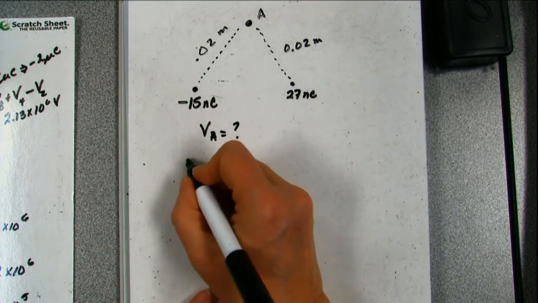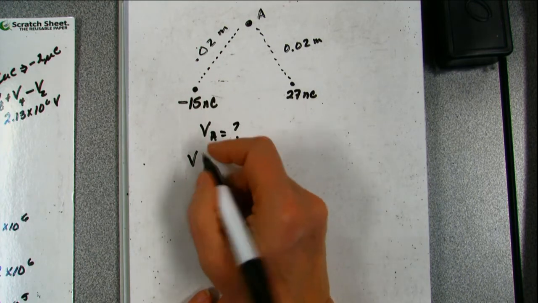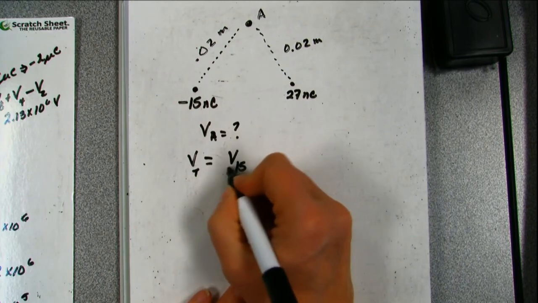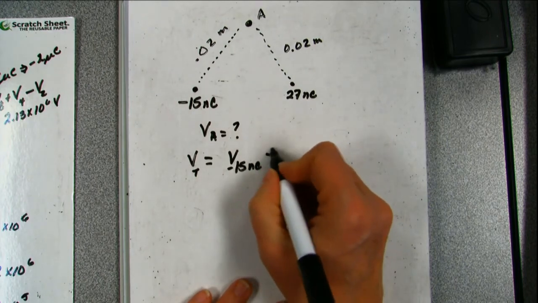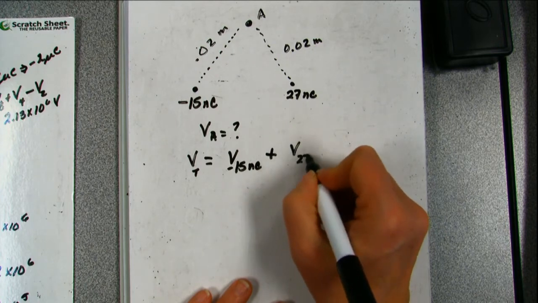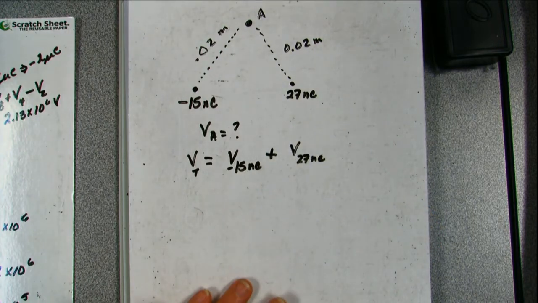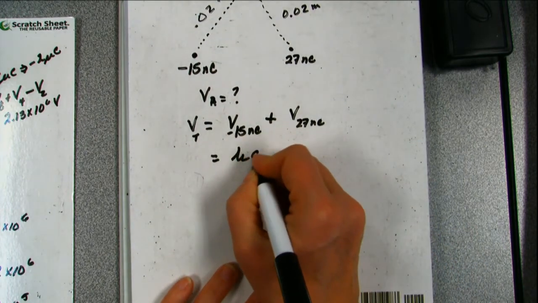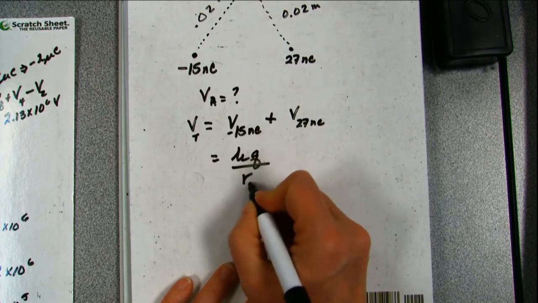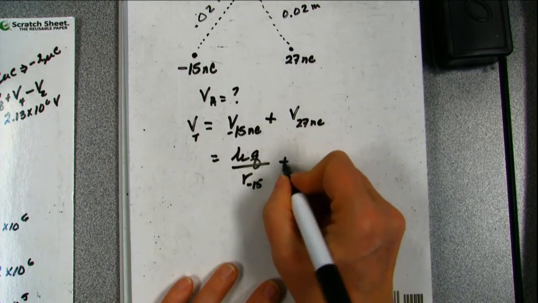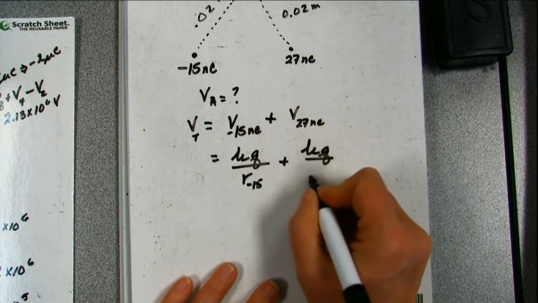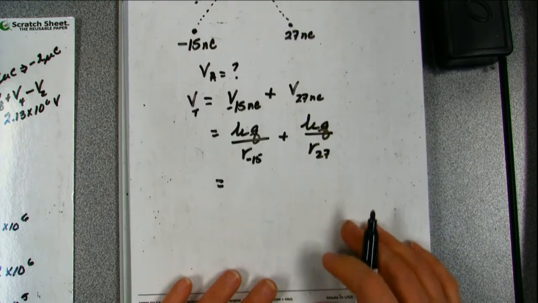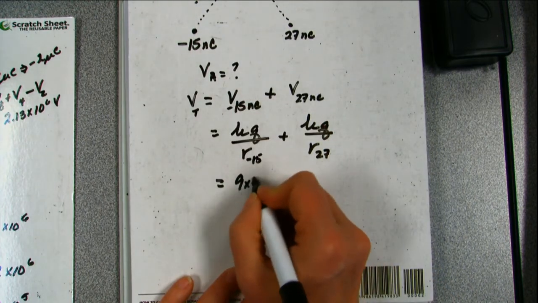Well, this is just going to equal the potential due to my negative 15 nanocoulomb charge plus the potential due to my 27 nanocoulomb charge, which is going to equal KQ over R for negative 15, plus KQ over R for 27. So I can factor out my K, which is 9 times 10 to the 9th.